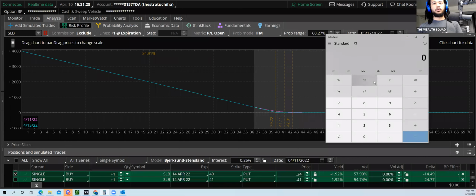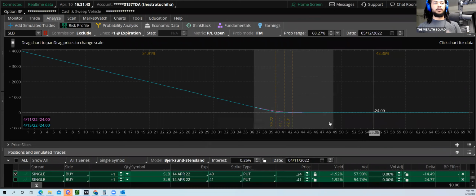So let's say your strike was 40 and you paid 24 on the call side. You would add that 24 cents, and your break even would be 40.24. That's how you figure out break even. That's what that second red line is giving you, the break even price. So if we enter on the 4-hour entry, that 40 put would cost 24 cents.